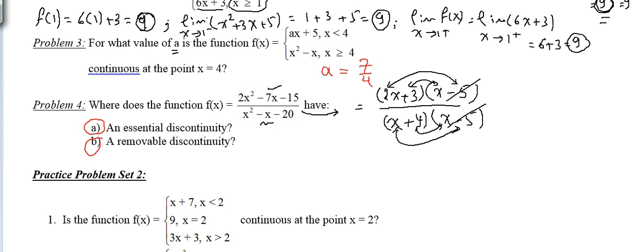Okay, we can simplify by x minus 5. What is left is x plus 4 in the denominator, and 2x plus 3 in the numerator. Now after simplifying, f of x is 2x plus 3 over x plus 4.